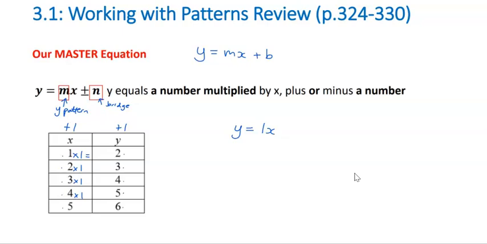1 times 1 is 1, and then we check how do we get to y. 2 times 1 is 2, and we check how do we get up to y. 3 times 1 is 3, how do we get up to y? 1 to 2, we have to add 1. 2 to 3, we have to add 1. 3 to 4, we have to add 1.